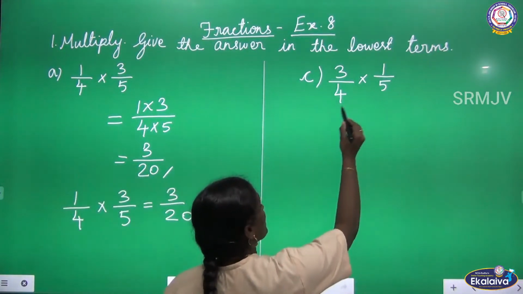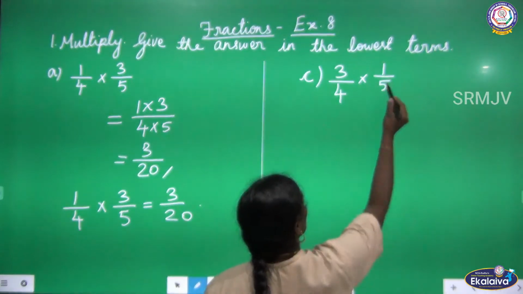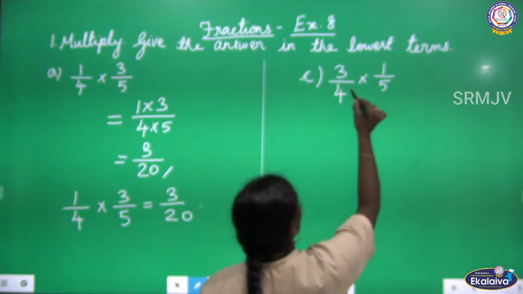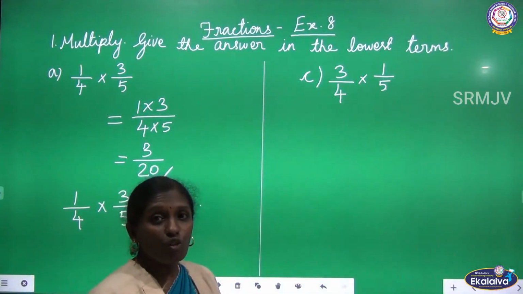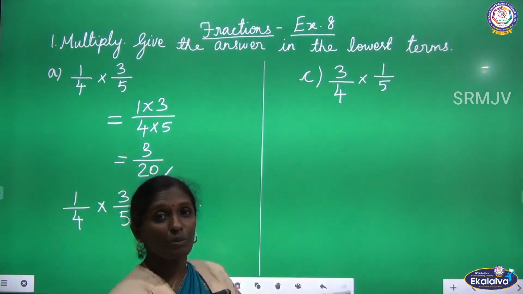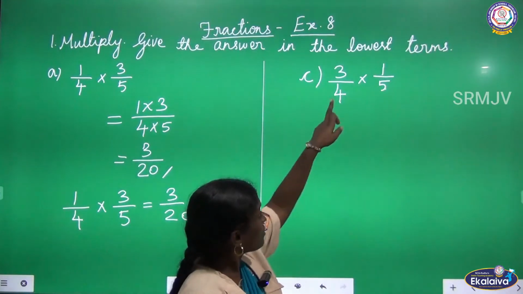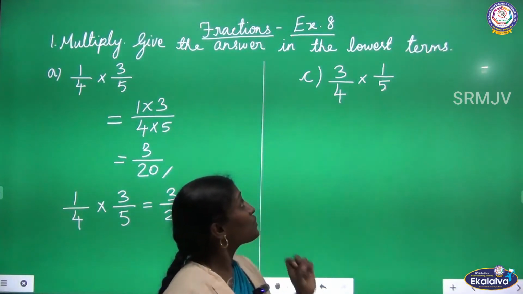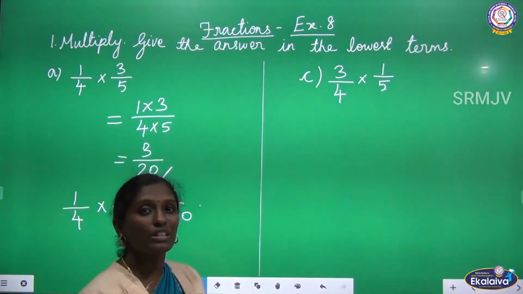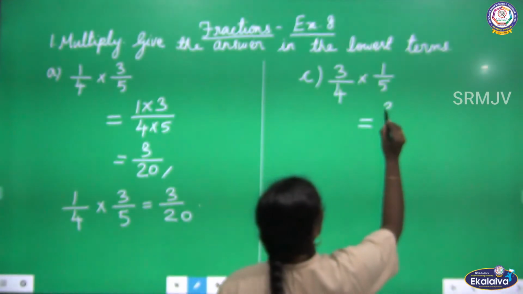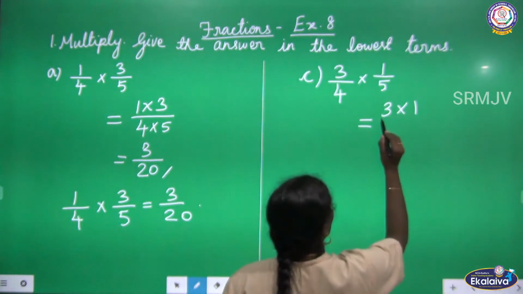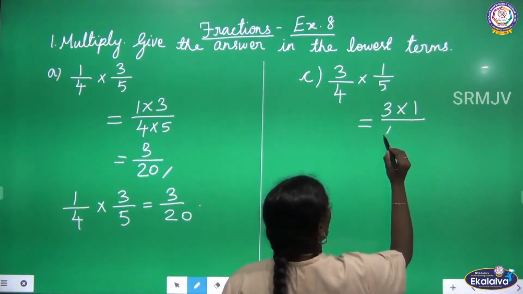Okay, see the next fraction, 3 by 4 into 1 by 5. Here also 3, 4, 5. These numbers are co-prime numbers. Here 3 and 5 are prime numbers, while checking with 4, these numbers are co-prime numbers, so there is no possibility to reduce. So we are going to multiply the numerator numbers 3 into 1, then 4 into 5.